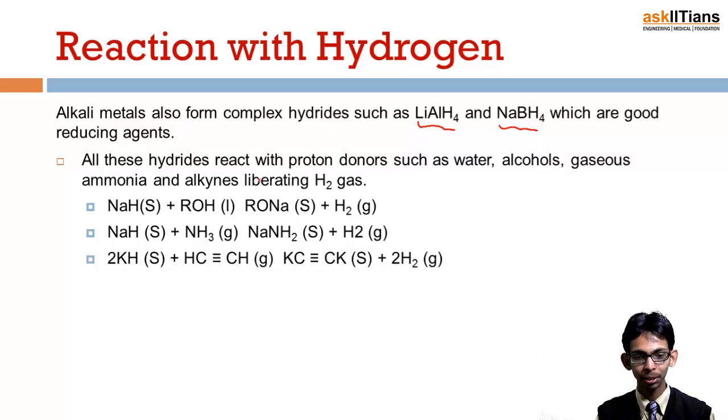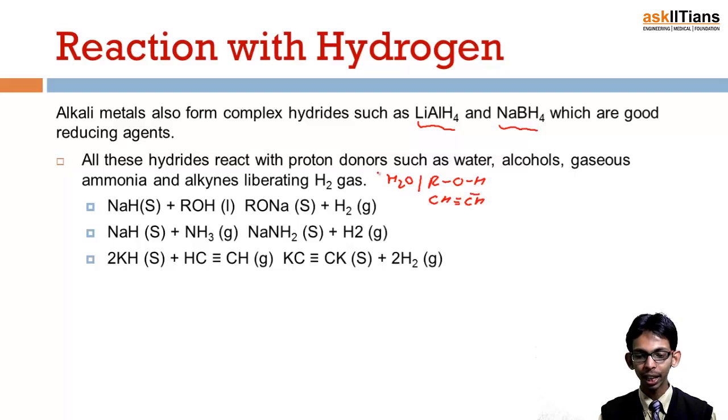All these hydrides, all the hydrides of alkali metals, react with proton donors such as water, alcohol, gaseous ammonia, and alkynes, liberating H2 gas. They react wherever they find a proton donor, that means they act as a base. Water and alcohol can donate a proton, and we know terminal alkynes are also acidic.